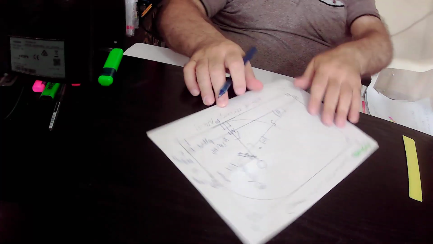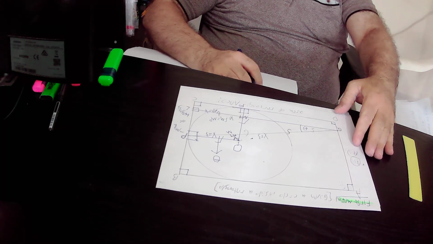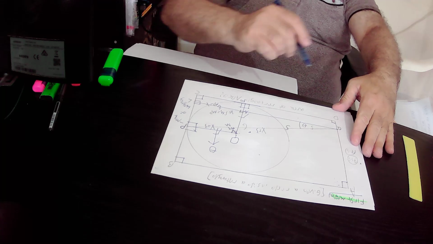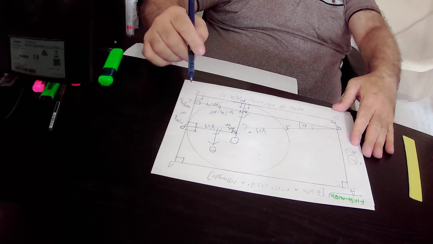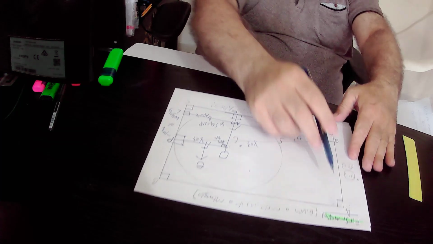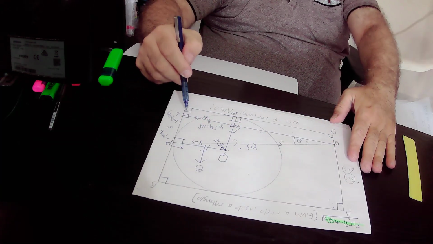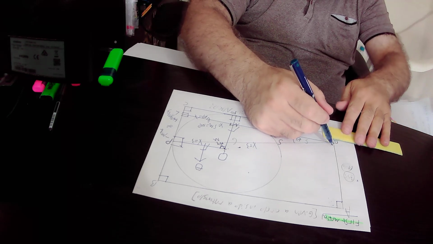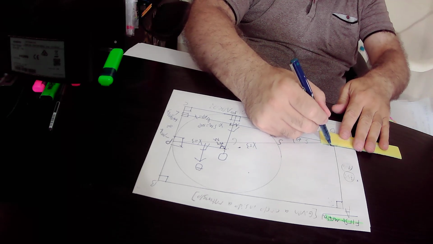So here in quadrilateral ABLQ we have 1, 2, 3 right angles. Therefore the fourth angle, that is this angle, must also be a right angle.